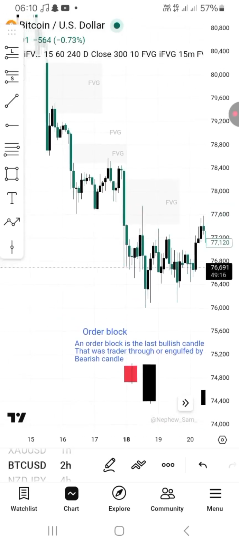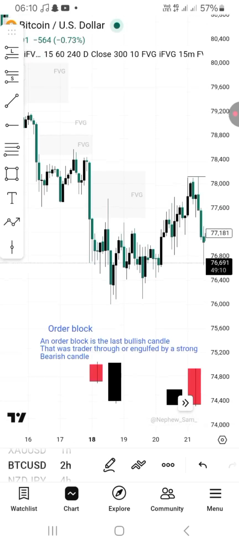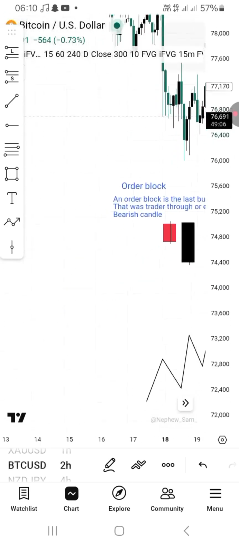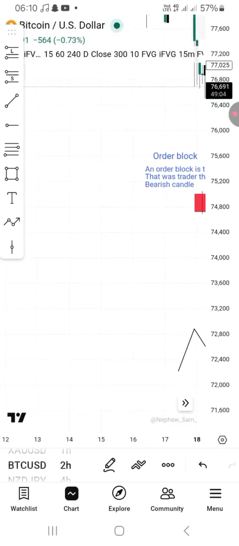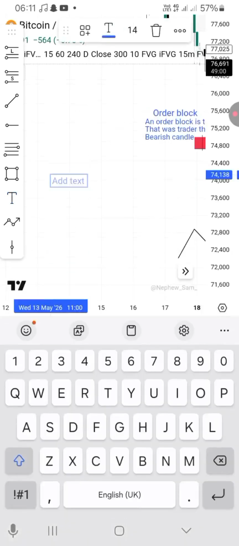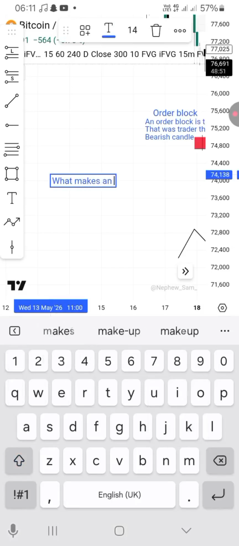There are a lot of things that should make an order block valid. I think I will list them here. Okay, let's list them here. What makes an order block valid?